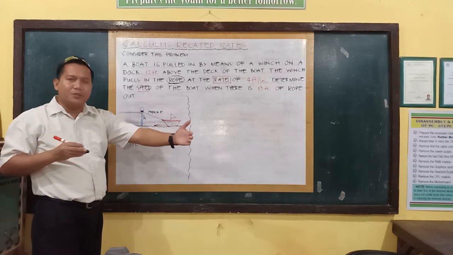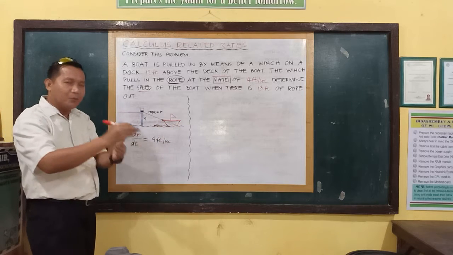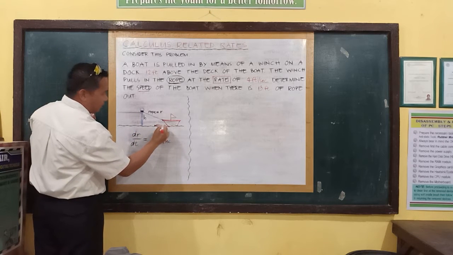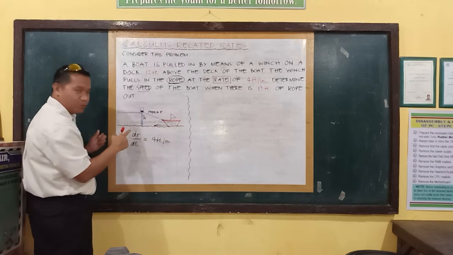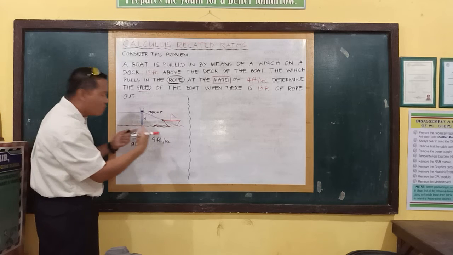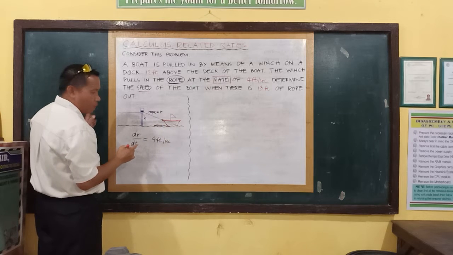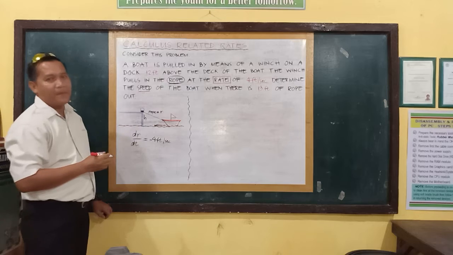But since the winch is pulling the boat, it's going to be moving towards the dock. It means we can consider it a negative.